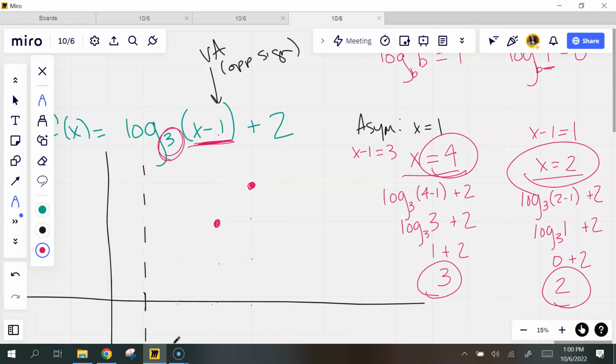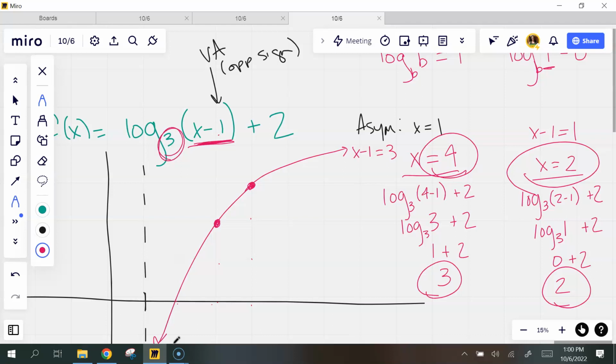It hugs the asymptote. Think about the exponential just on its side. It hugs the asymptote in only one direction, so it's got to be this direction, and this is going to be the one that comes up. Yep. Does that make sense? It's easy.